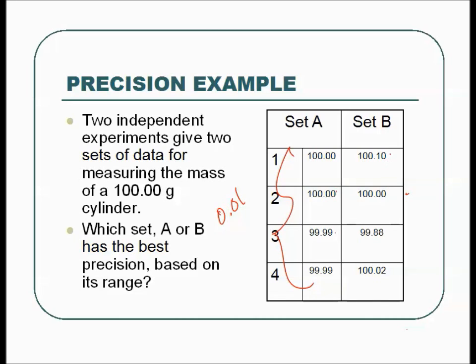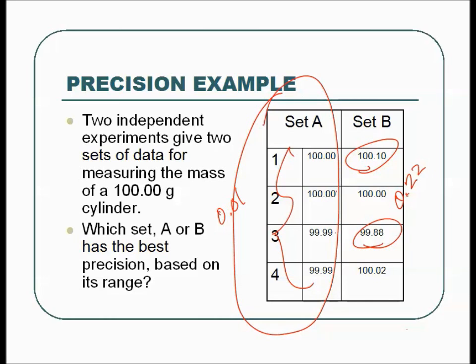Set B: 100.10, 100, 99.88, 100.02. So the spread, a low of 99.88 to a high of 100.10, is 0.22. That's spread. So the more precise set of data is going to be set A.